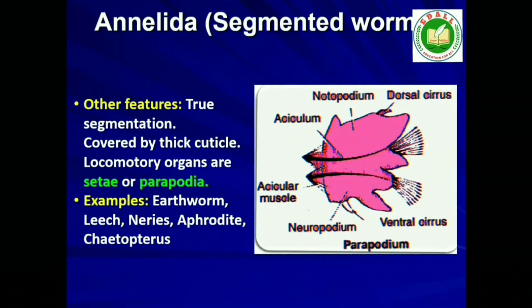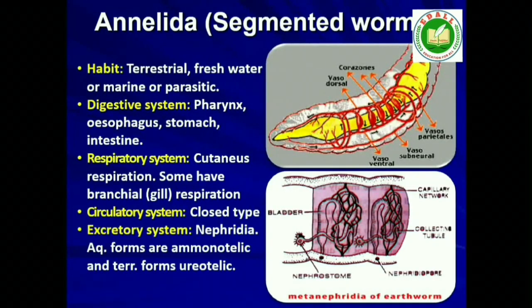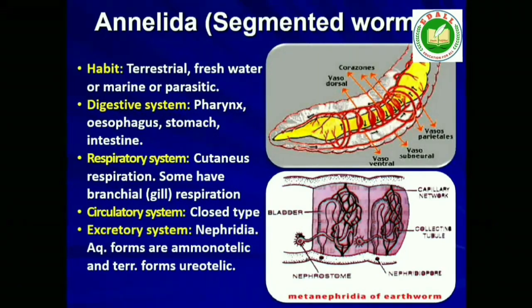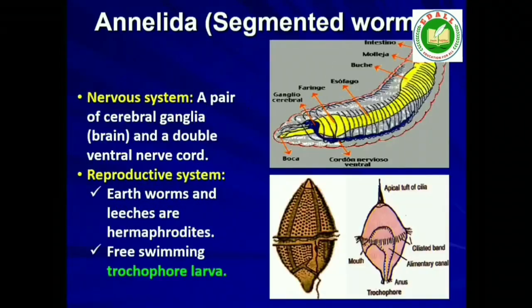Their body surface is distinctly marked out into segments or metameres, and hence the phylum name Annelida, Latin annulus, little ring. They possess longitudinal and circular muscles which help in locomotion. Aquatic annelids like Nereis possess lateral appendages, parapodia, which help in swimming. A closed circulatory system is present. Nephridia, singular nephridium, help in osmoregulation and excretion.